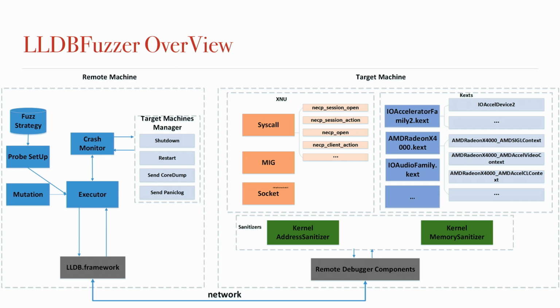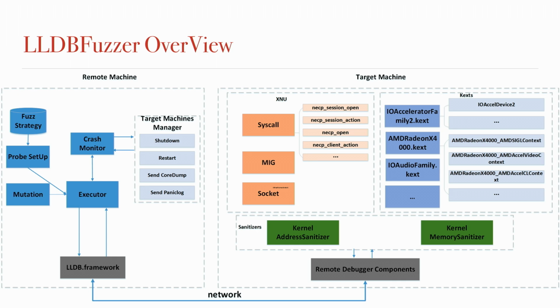As we can see, the normal macOS system has no Ethernet port, so it is not enabled to be debugged. So the remote debugger component in the target machine is a customized network driver, which is set up to support remote LLDB debugging.